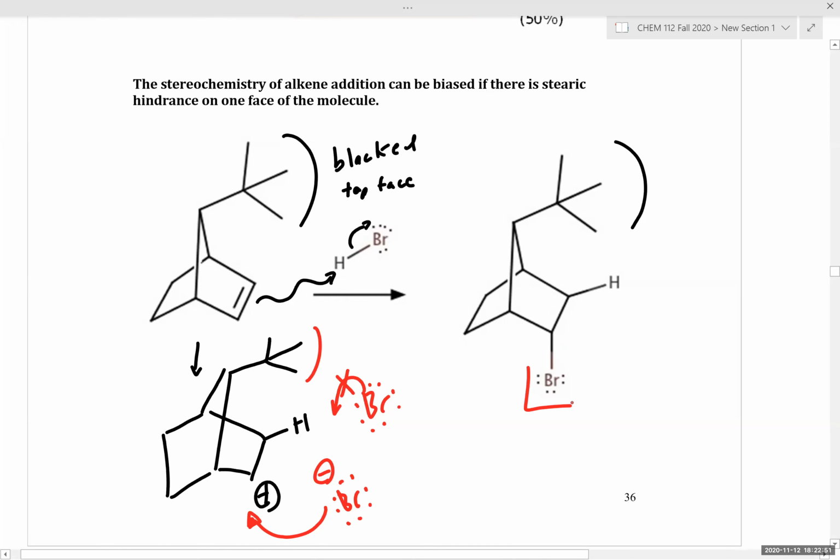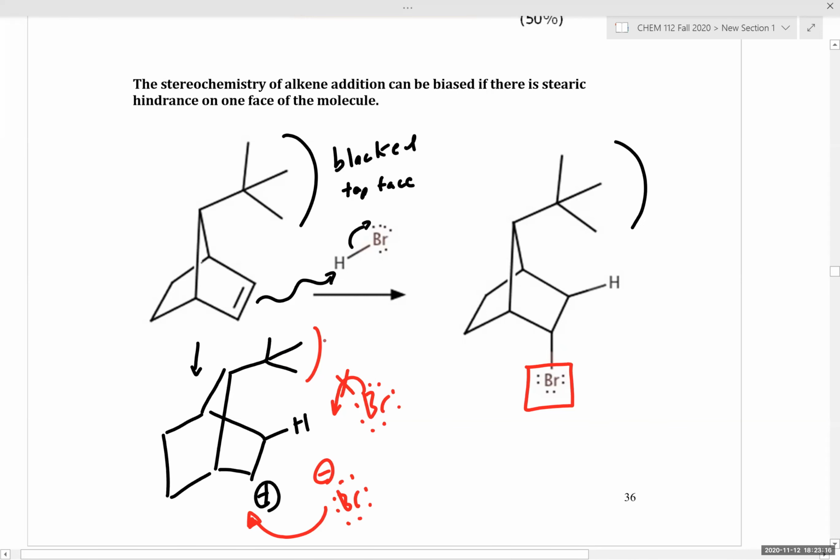Does everyone see why the bromine ends up incorporated on the opposite face relative to this giant t-butyl group on top? So when you think about facial selectivity for molecules with no steric bias, you often get a mixture of attacks from the top and bottom face from your planar carbocation intermediate.